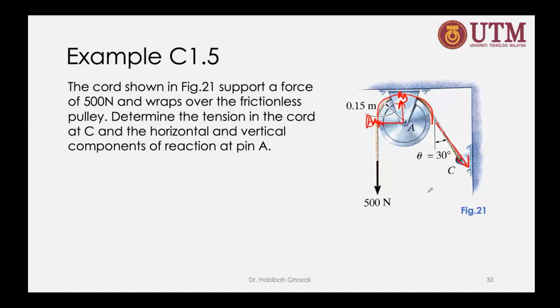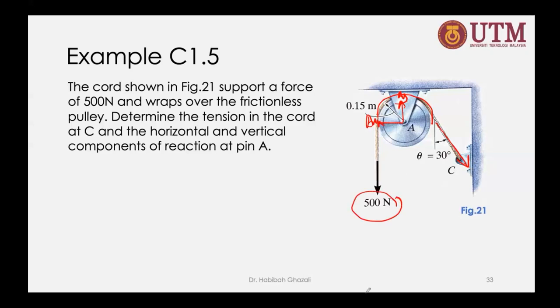When you calculate that, you sum moment at point A, and you will get that the tension of the cable at C is going to be equal to this one as well. And then you can start doing the summation of forces in X and Y direction.